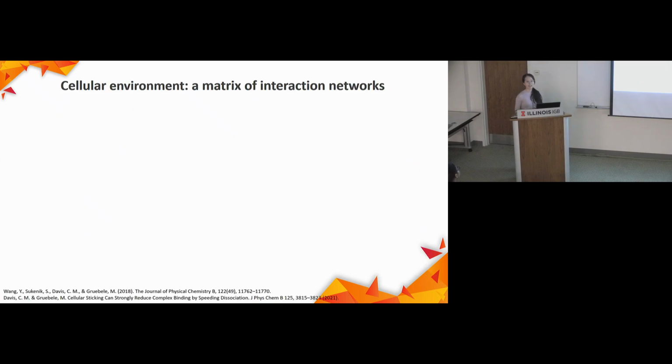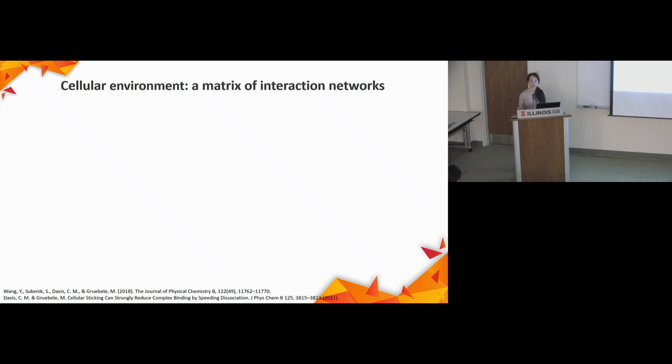We know in one human cell there are more than 20,000 proteins, and those proteins perform the majority of their functions inside the cell. However, the cell is not as simple as a test tube. The cell contains water molecules, ions, DNA, RNA, other protein molecules, a lot of things.